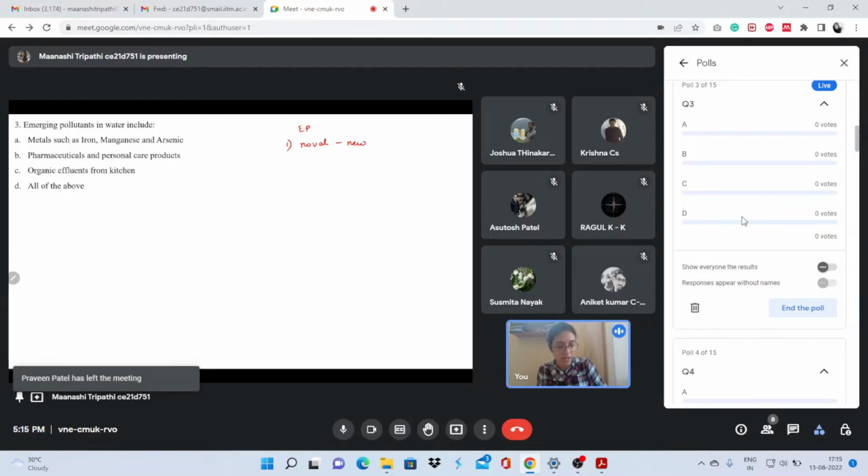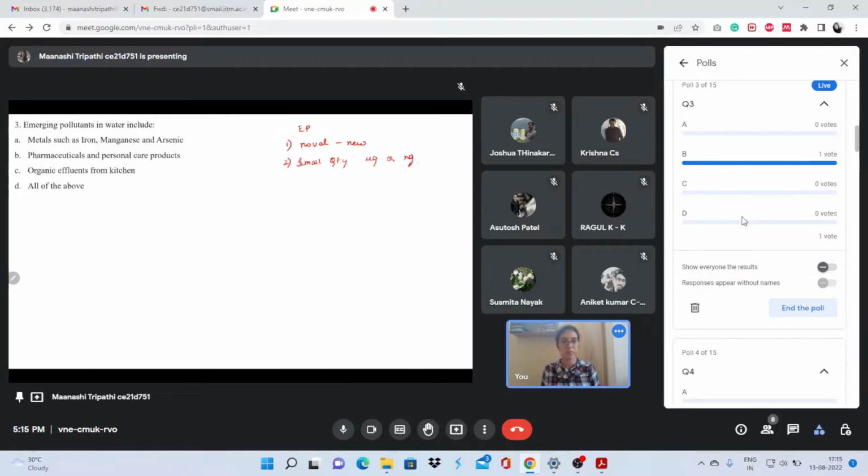And the second important point is it is present in very small quantity, in microgram or nanogram level. So these are two very important points for emerging pollutants. So keeping these two points in mind, you can answer what are emerging pollutants.